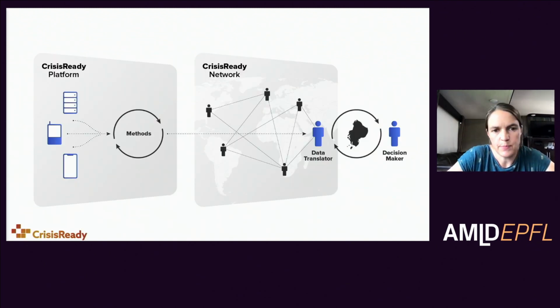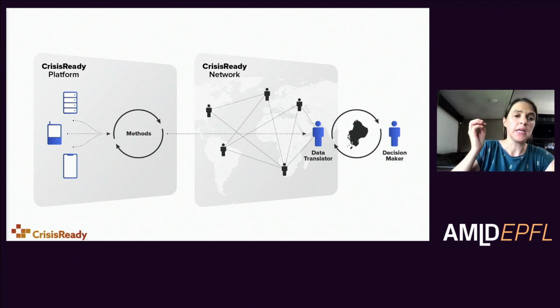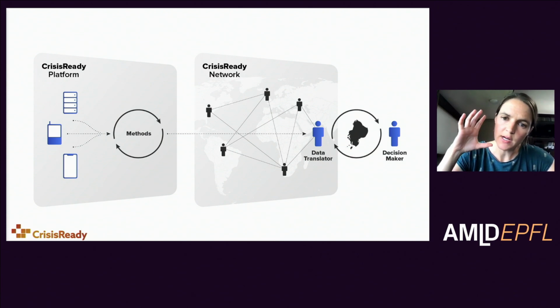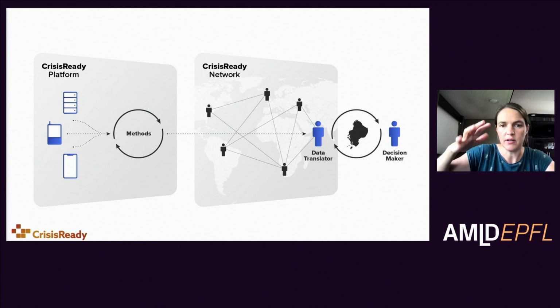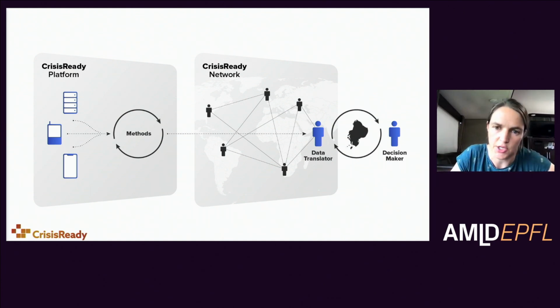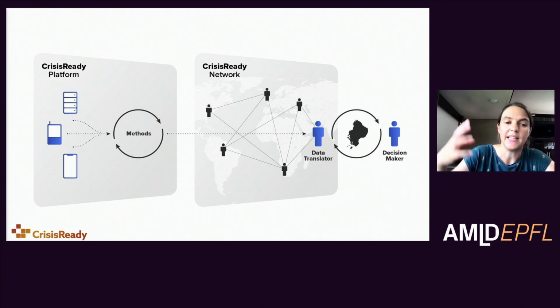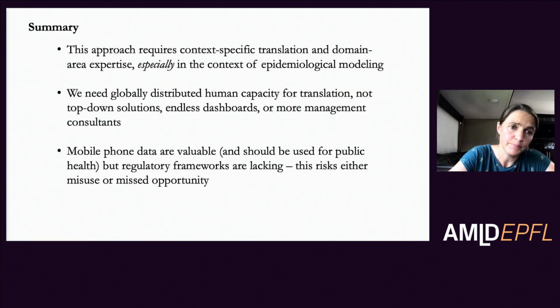So we've built this platform called Crisis Ready, and I described it a bit before, but essentially what we're trying to do is work with partners like the World Bank and GFRR to develop regulatory frameworks and standardized protocols for data sharing. And then we're building a network of partners around the world that can work with local policymakers to help them make context-specific decisions using new data streams. And I think without that human connection, we're not going to move forward with the surveillance systems in a way that will prevent the next pandemic.